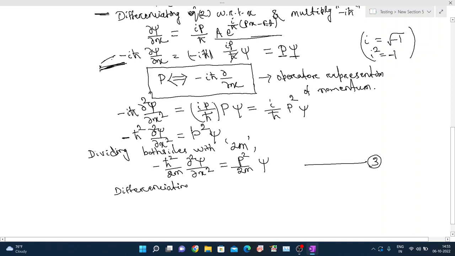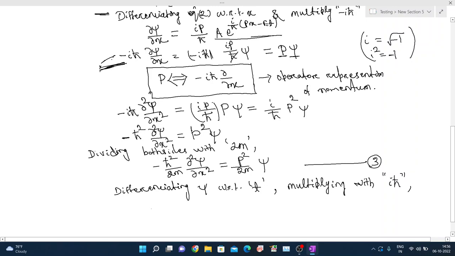Differentiating psi with respect to t and multiplying with i h cross. The wave was a into e to the i kx minus omega t.